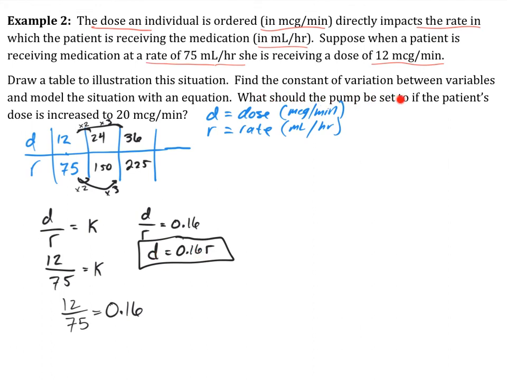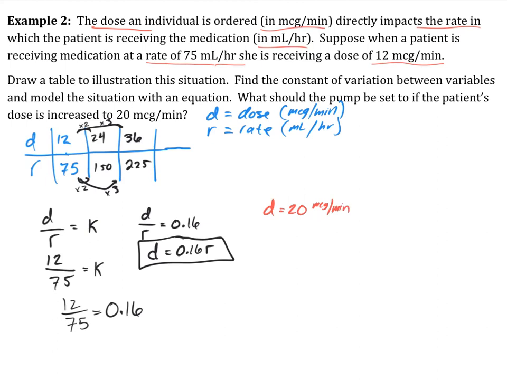What should the pump be set to if the patient's dose is increased to 20 micrograms per minute? So if the dose is equal to 20 micrograms per minute, what I can do is plug that into my formula.